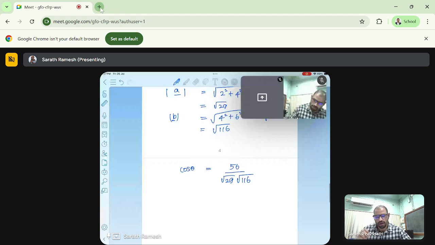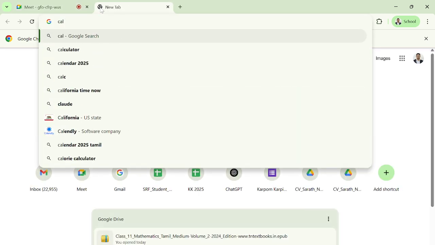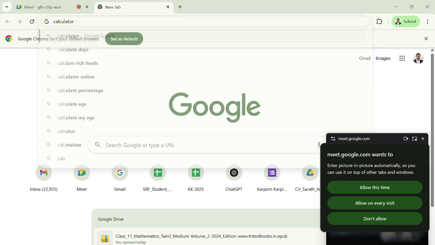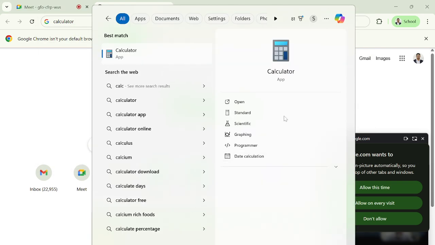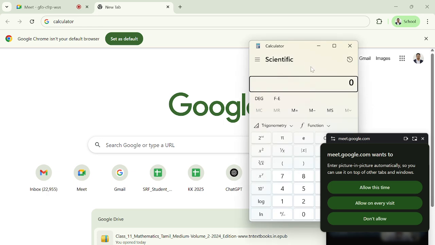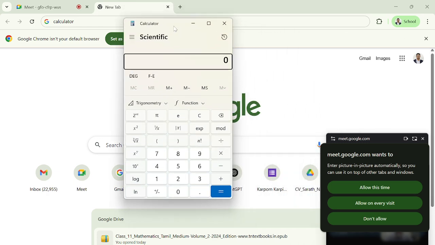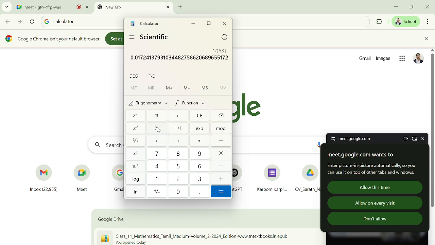Let's just take the calculator. Root of 29 times 116, and the reciprocal of it times 56.